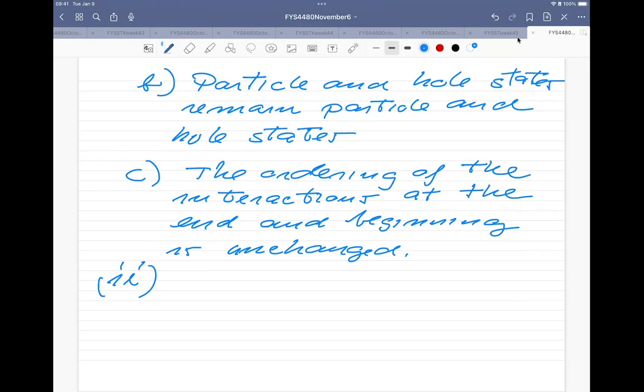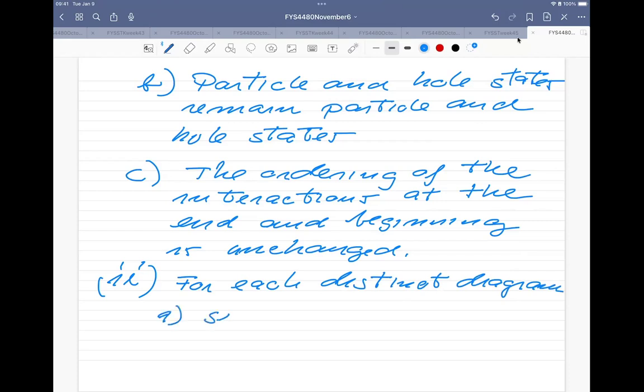So the next step is for each topologically distinct diagram, for each distinct diagram, we would then, A, set up all the interaction vertices.